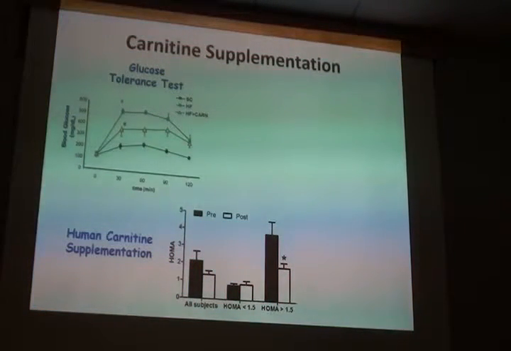So when we start thinking about the mechanism, we start thinking about what carnitine really does. Again, as I mentioned, carnitine is most widely known for its role in facilitating fat metabolism, fatty acid oxidation. So we measured all those parameters.